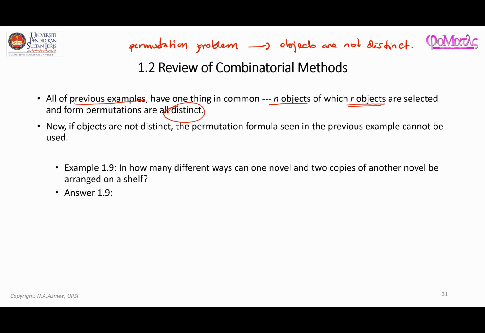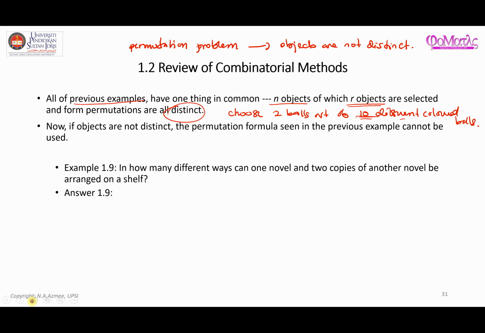For example, choose 2 balls out of 10 different colored balls. You can see that the balls here are different because they have 10 different colors, so you can clearly differentiate all the balls given there.